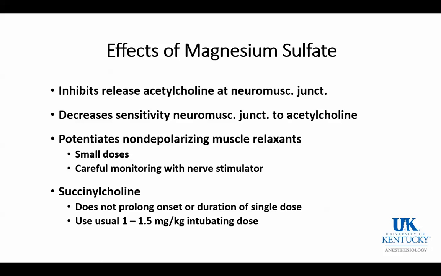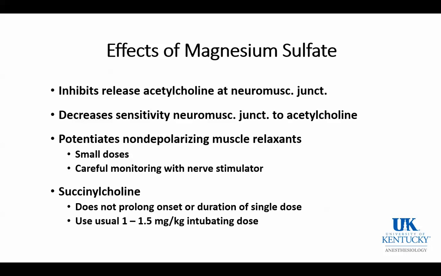Now, you need to understand the effects of magnesium as it relates to your anesthetic, because even if the obstetrician asks you to turn the magnesium off at the beginning of the case, if it's been going for several hours, you're still going to have a significant magnesium effect during that anesthetic. So to review, the effects of magnesium sulfate: magnesium inhibits release of acetylcholine at the neuromuscular junction.